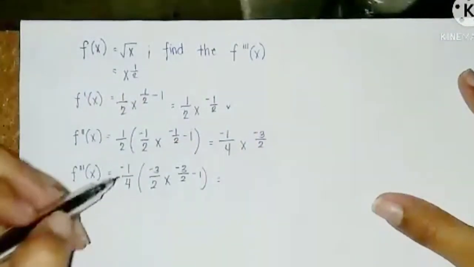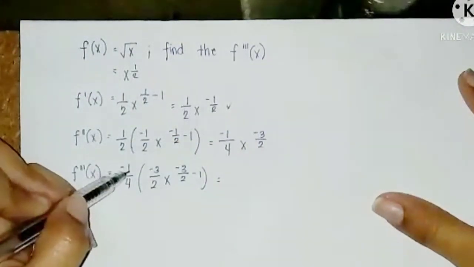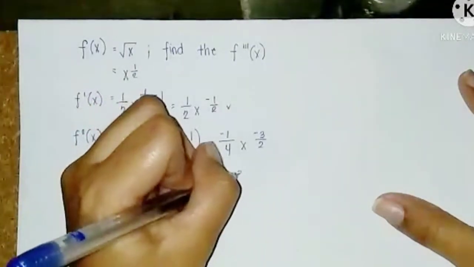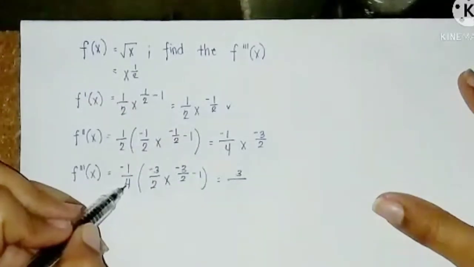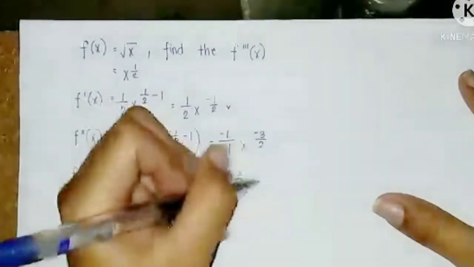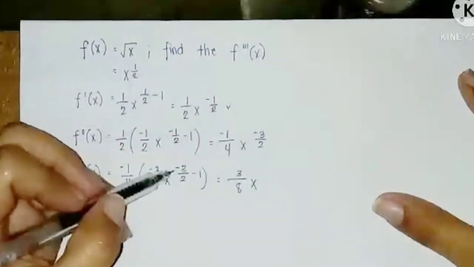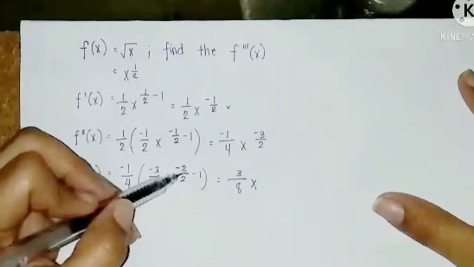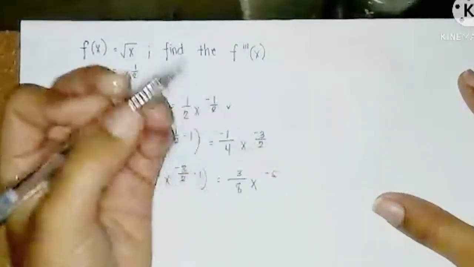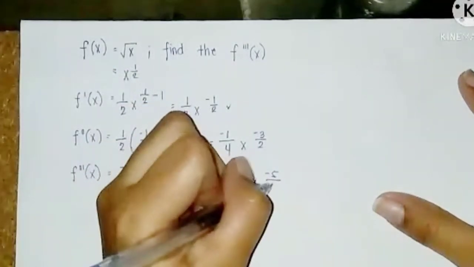So to simplify, let us have negative 1 times negative 3 is equal to positive 3 over 4 times 2 is equal to 8x. Negative 3 over 2 minus 1 is equal to negative 5 over 2.